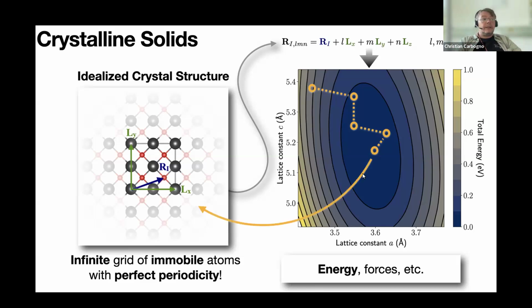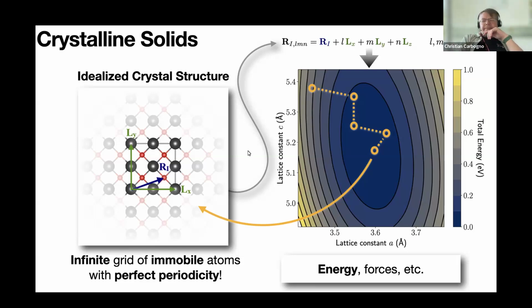And so we say, okay, now we found the equilibrium lattice constant and equilibrium positions of these atoms. And we would even say, look, if we neglect temperature, then this would really be the structure at 0K. And this is how we often think about it.